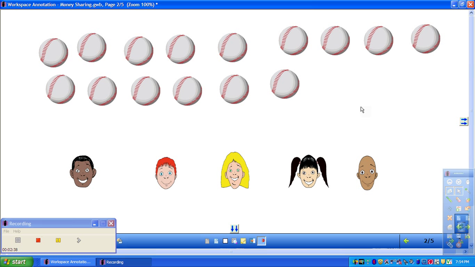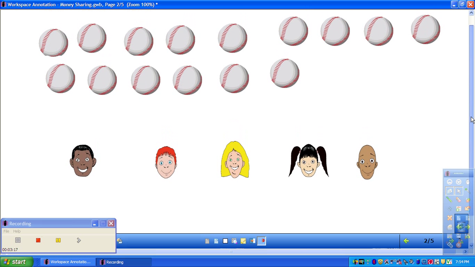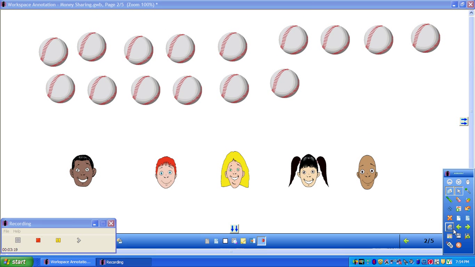So we could look, we have 15 baseballs, there are 5 people. We can use our knowledge of multiplication to help share these baseballs with 5 people. So we could think that, well, if there are 5 people and we know 5 times 3 equals 15, we know that each person would receive 3, just like we did before. And in this case, we won't actually share or pass them out.